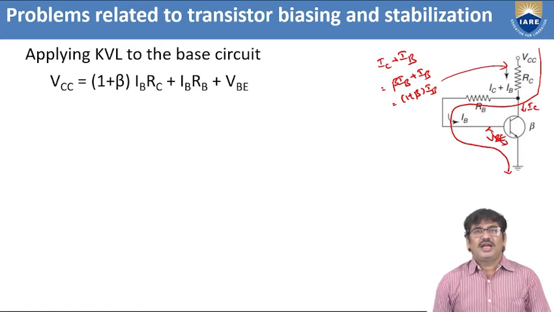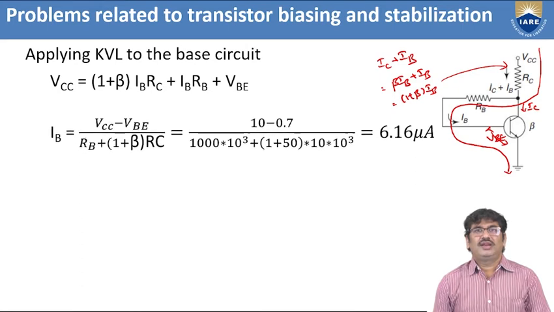So from this, we can write IB as VCC minus VBE divided by RB plus 1 plus beta into RC. Substituting the corresponding values, IB is 10 minus 0.7 divided by 1000 into 10 power 3 plus 1 plus 50 into RC, which is 10 kilo ohms, so 10 into 10 power 3.